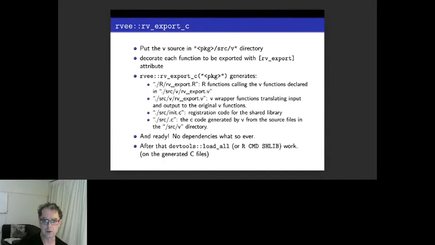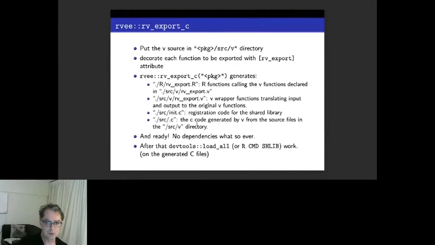It generates an R script with the R functions calling the V functions decorated with rv_export, and V wrapper functions, translating R constructs, or the S expression objects, into V code, to the original V functions. It generates the registration code, which is used for the shared library, and it generates C code, which is the translated original V code.